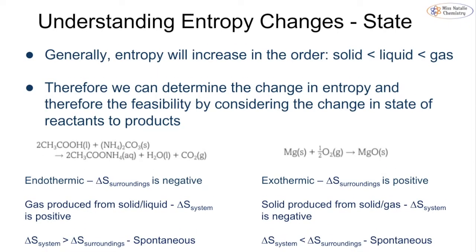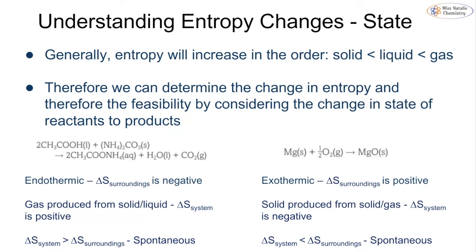Now, if we understand the entropy changes that can be taking place, we can actually predict whether a reaction is going to be thermodynamically spontaneous or not just by looking at the conditions of the reaction and also what we're making and what we're making it from.